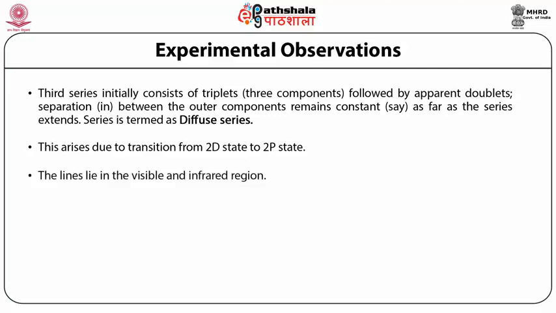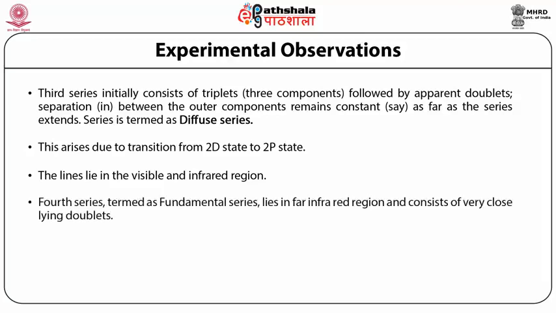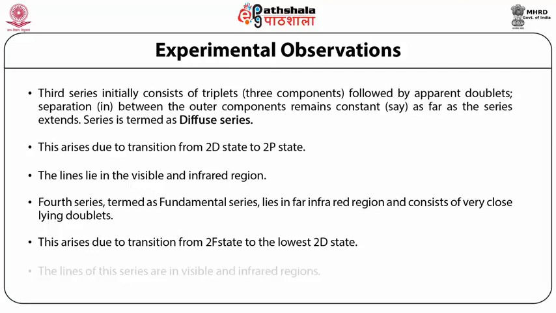The lines lie in the visible and infrared regions, and are diffused on one end or both ends of the line. The fourth series is termed the fundamental series. It lies in the far infrared region and consists of very close-lying doublets. It arises due to transition from nF states to the lowest 3d state. The lines of this series are in the visible and infrared regions.